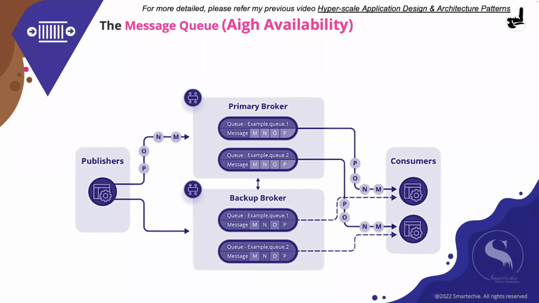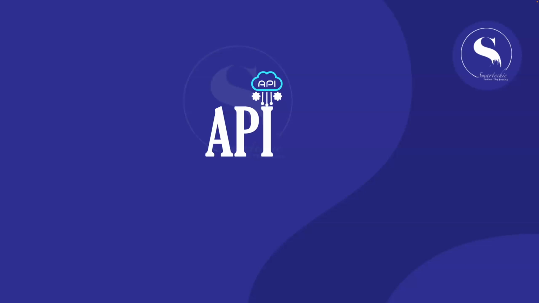The message order should also be preserved across all consumers regardless of their quality of services. These are things you need to take into consideration when you're building a message queue for high availability. So APIs are all over throughout the system design landscape.